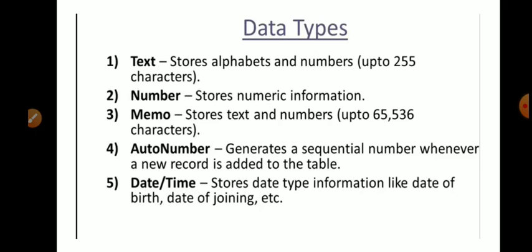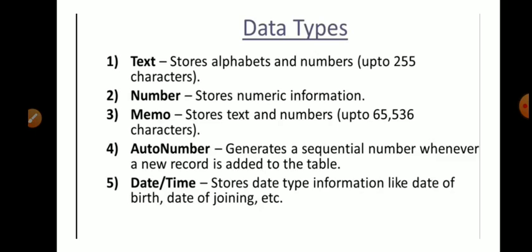So in a single cell, when you choose the text data type, you can write only 255 characters. The second data type is number. As you know by its name, we can store numeric information. Numeric information means 0, 1, 2 to 9.